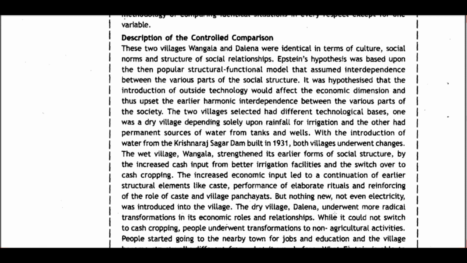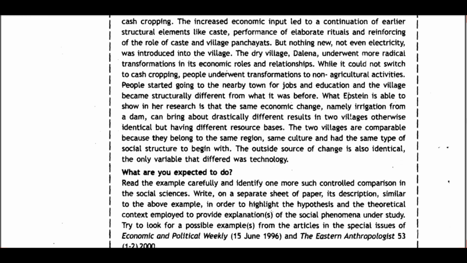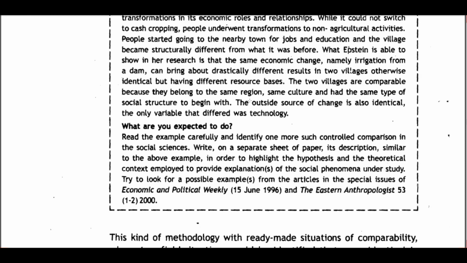The dry village, Dalena, underwent more radical transformation in its economic roles and relationships. While it could not switch to cash cropping, people underwent transformations to non-agricultural activities. People started going to the nearby town for jobs and education, and the village became structurally different from what it was before.